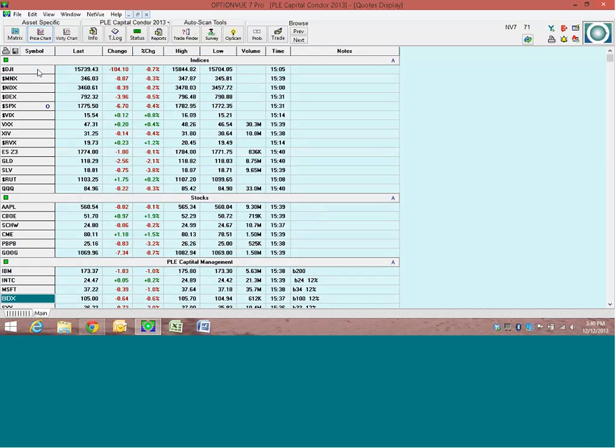Generally for the option strategies that I trade, the non-directional stuff, I stick pretty much to the indexes. The SPX and the OEX are my preferred products. I used to be an SPX trader, so I'm familiar with that. Not that that really matters that much, but I like it. It's lots of liquidity.